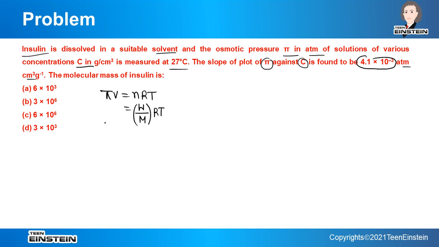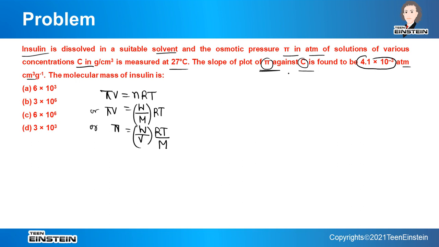Or we can write pi equal to W by V into RT by M. What we are trying to do is write the expression in such a way that we can get the equation for the pi versus C plot.